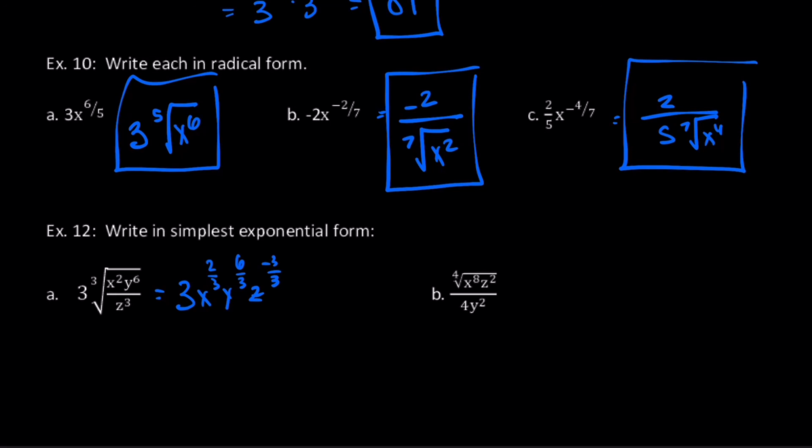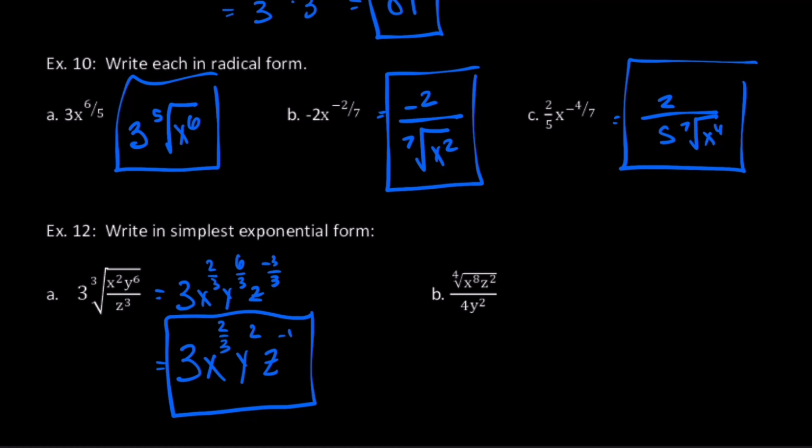Now remember, the reason that this exponent is negative is because z is in the denominator. And then I try and simplify any of these that I can. So obviously I can't simplify 2/3, but I can simplify that to a 2, and I can simplify that to a -1. And just rewrite that as your simplified answer. 3 x to the 2/3, y squared, z to the -1.